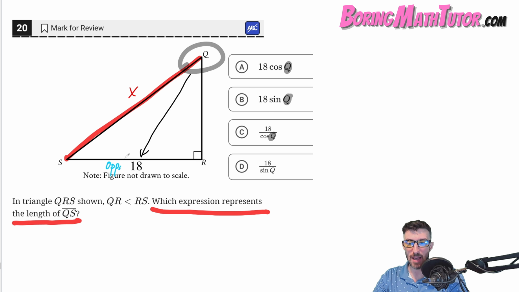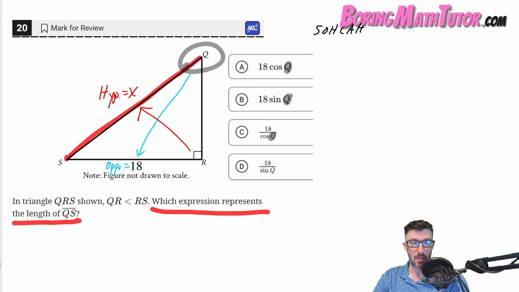It is the opposite because I'm going right through the triangle. And the X, well, what's that? That is the hypotenuse. And according to the Native American that discovered America, Sokotoa, we want to be dealing with opposite and hypotenuse.